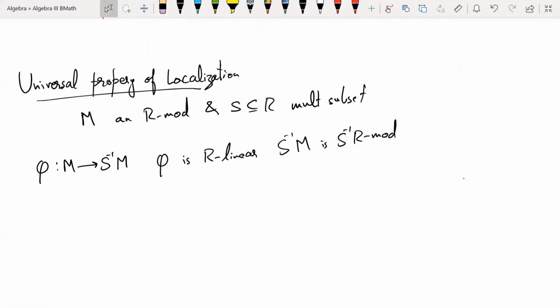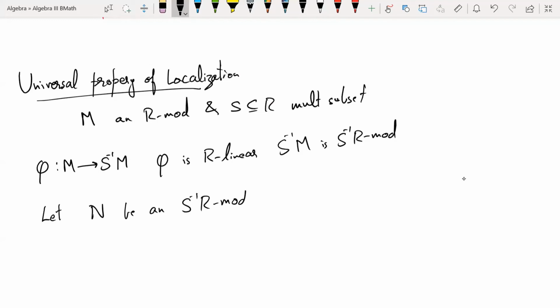So S inverse M is some S inverse R module. Let N be an S inverse R module.